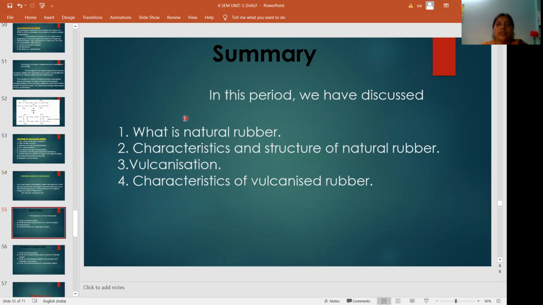So what we have discussed in this period: what is natural rubber, characteristics and structure of natural rubber, vulcanization, and characteristics of vulcanized rubber. Among these, the structure of natural rubber and vulcanization are very, very important. If you know the characteristics of natural rubber, you can write the characteristics of vulcanized rubber easily.